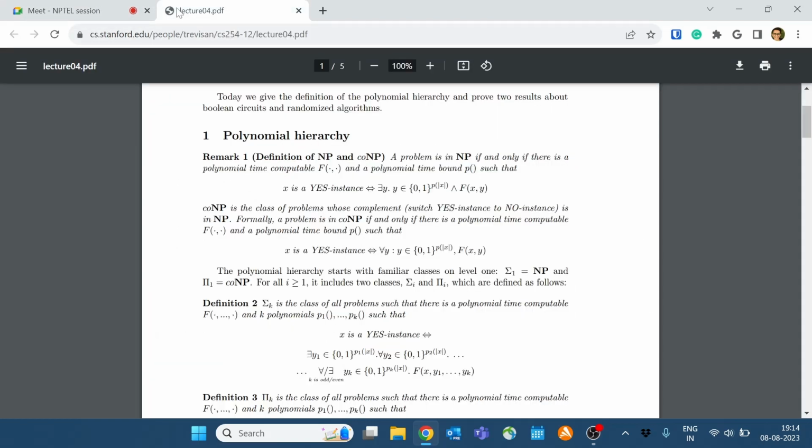X is a yes instance if and only if for all y such that y is in {0,1}^p(x), f of x, comma y. And this is like saying f of x, y equals 1, right?